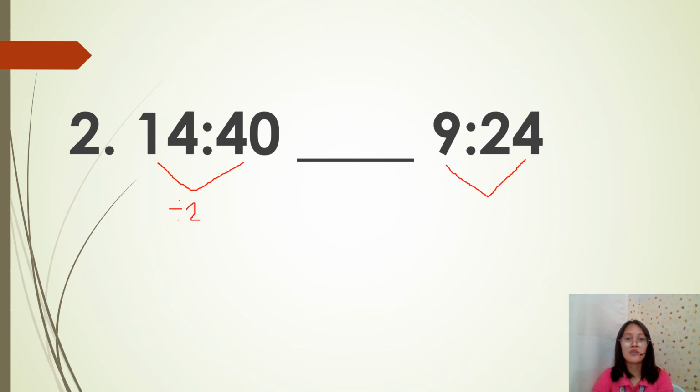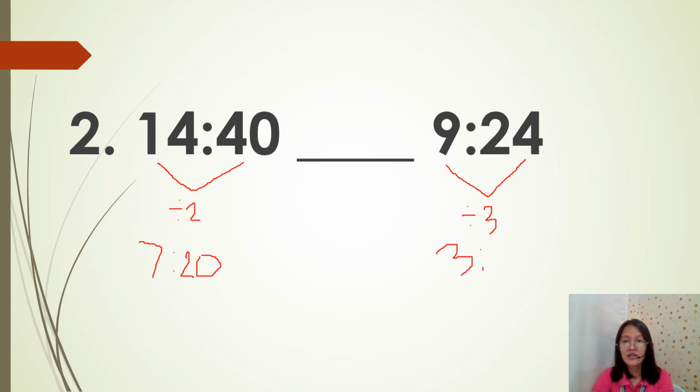By doing so, i-divide natin 14 divided by 2, that is 7. And then 40 divided by 2, that is 20. Next, 9 and 24. Divisible by what number sila? They are both divisible by 3. Then 9 divided by 3, that is 3.